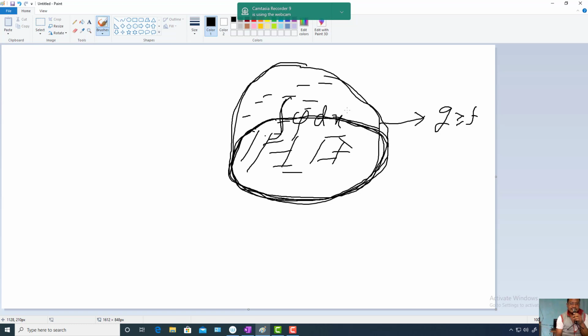Since f is less than or equal to g, whenever you take a simple measurable function less than or equal to f, it is also a simple measurable function less than or equal to g. So the domain from where you take the supremum for g contains all the simple measurable functions which are less than or equal to f.